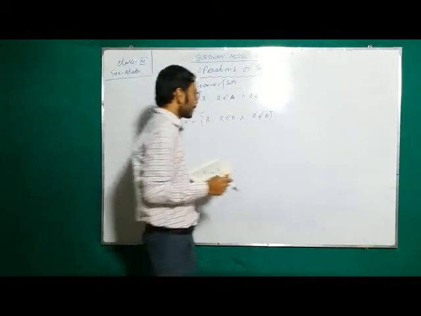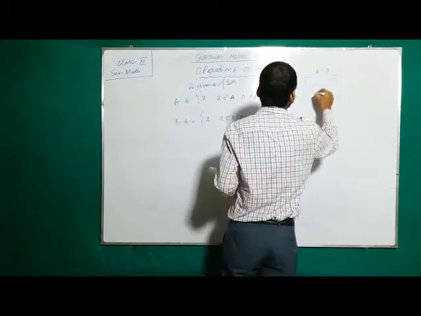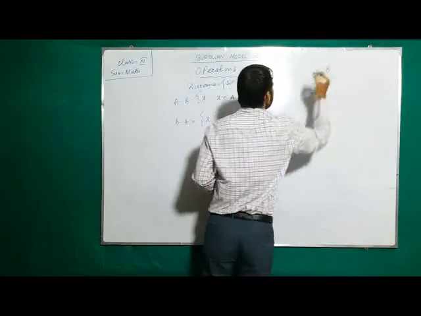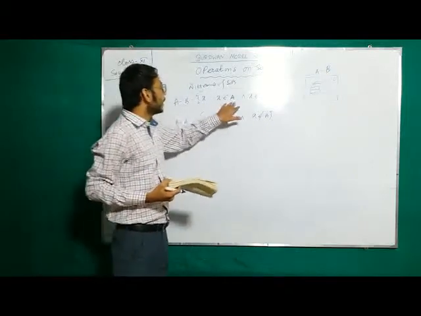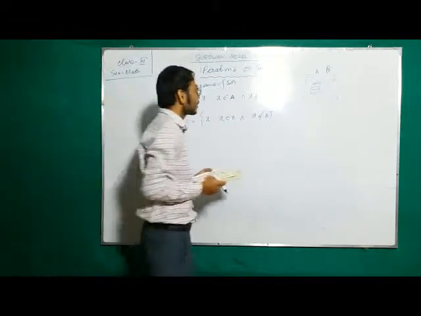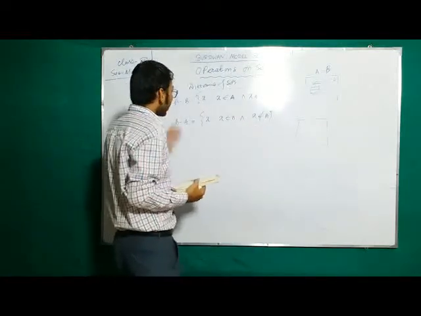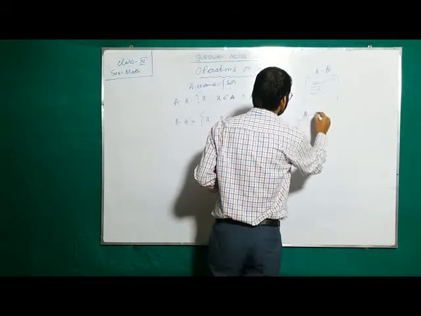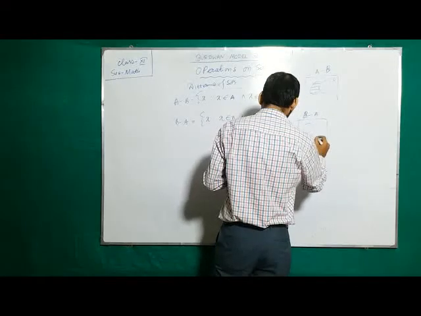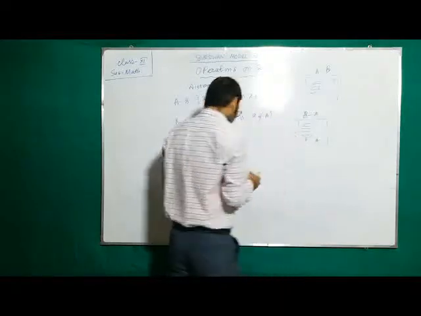Okay. Now in the Venn diagram, A minus B means actually this portion, containing the elements of A but not the elements of B. Now move on to B minus A: containing the elements of only B but not A. That means this portion.